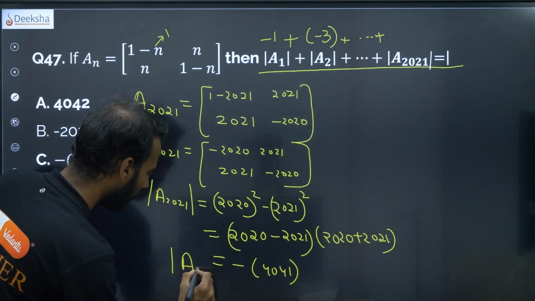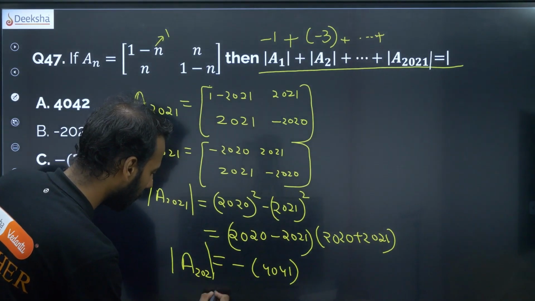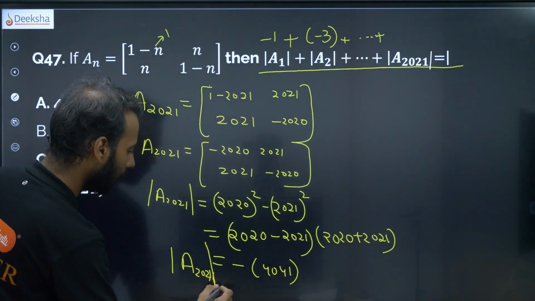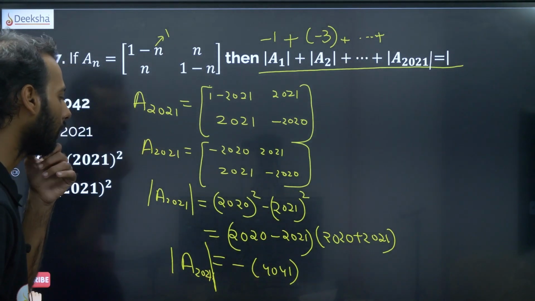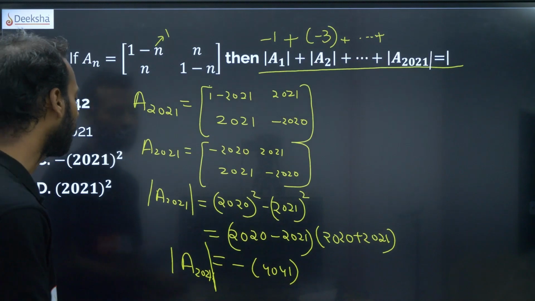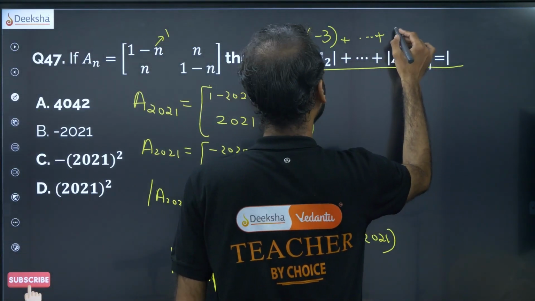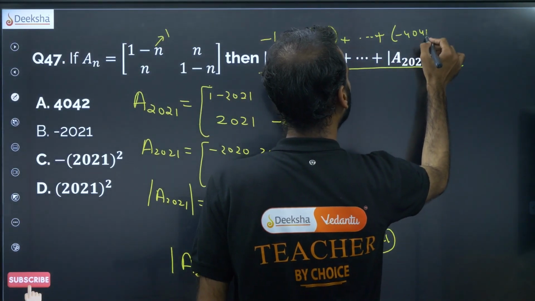Determinant of A2021 is negative of 4041. So minus 4041.